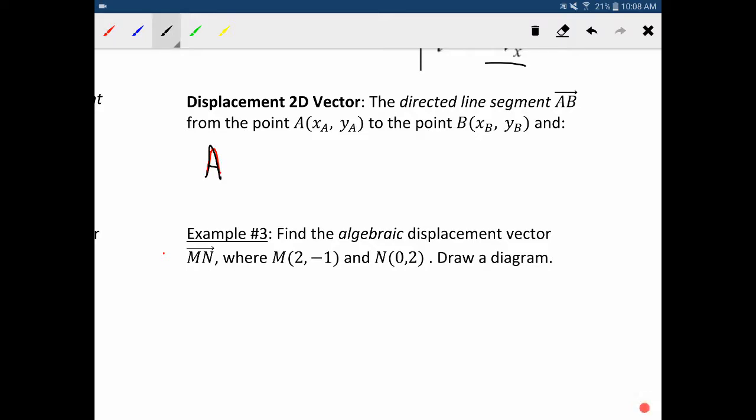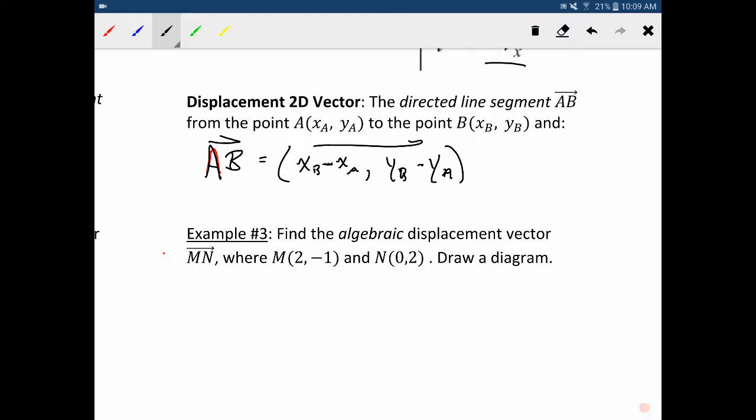So, in other words, I can create a vector here by saying, if I take xB and subtract xA, that's a minus, and then I have yB minus yA.